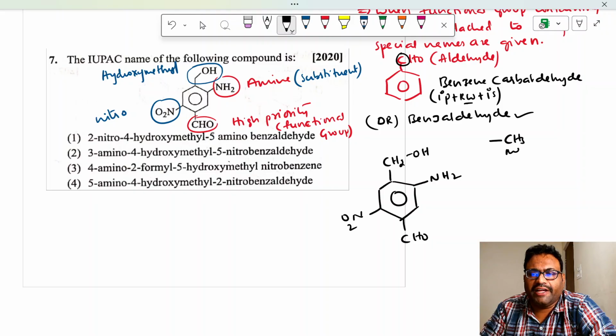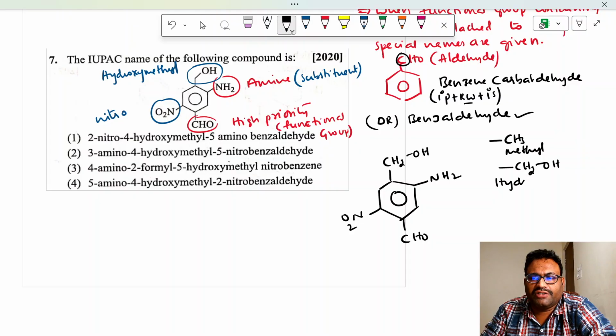This is methyl, right? If one of the hydrogens is replaced with OH, then what is that called? Hydroxymethyl. So now this will be hydroxymethyl.